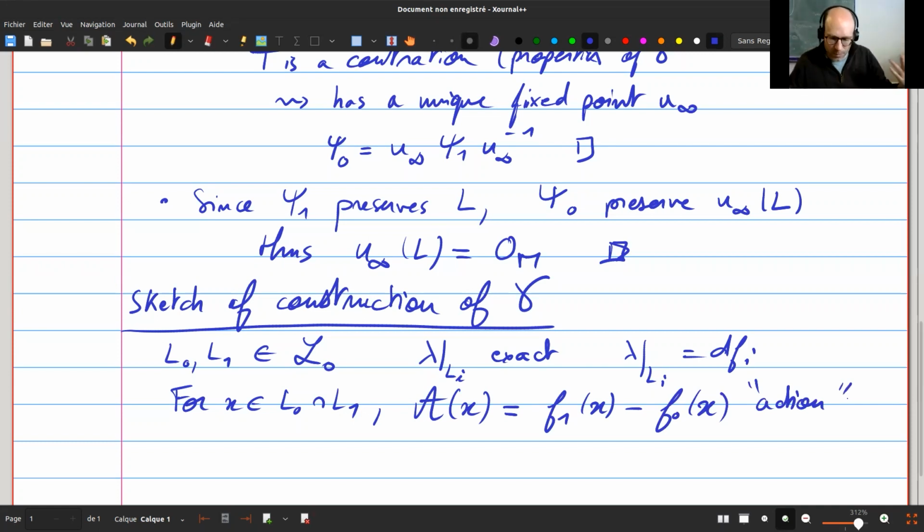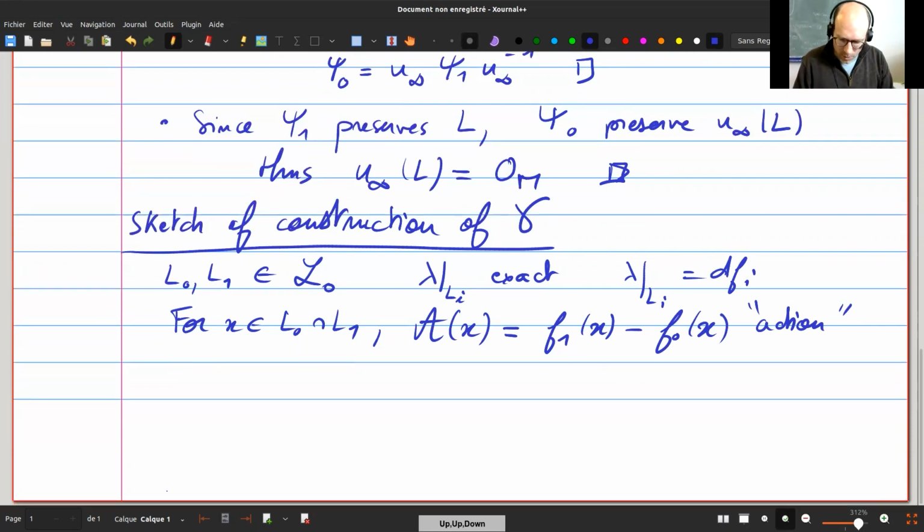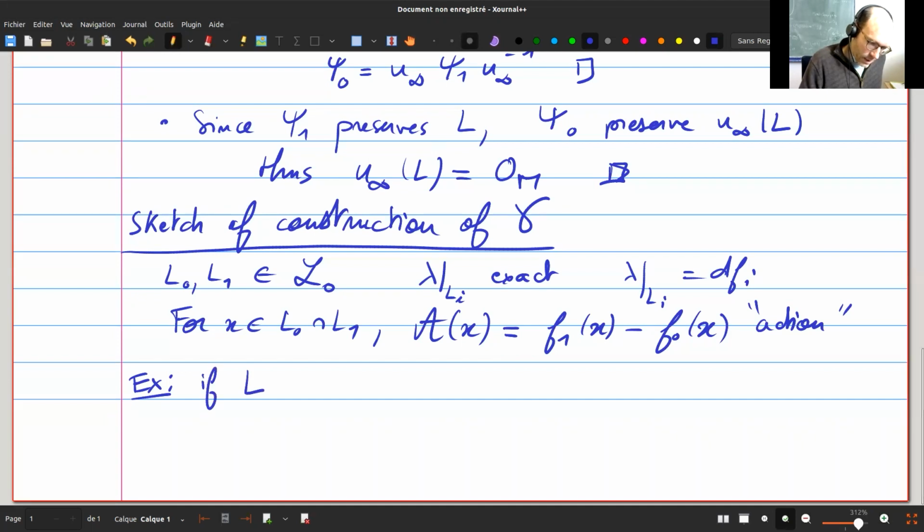Of course it depends on the choice of fi. Maybe one example is if L0 is the zero section, and L1 is a graph, the graph of the differential of a function.